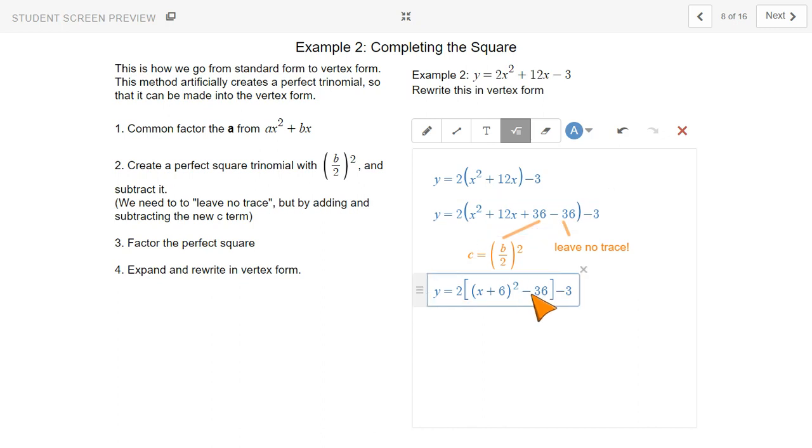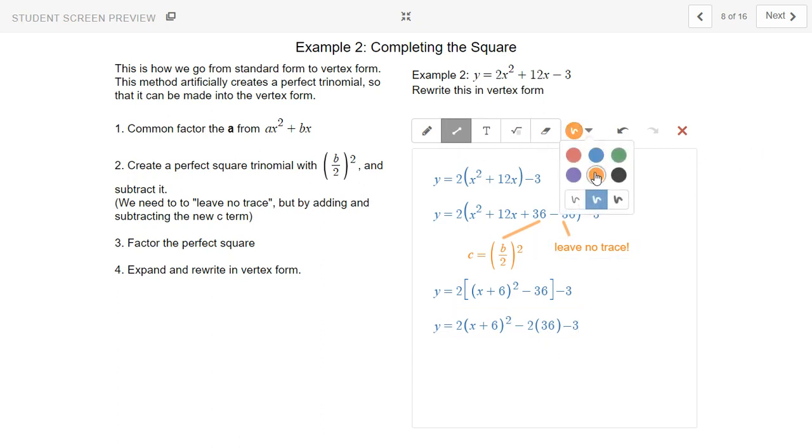So if I wanted to expand it and collect the like terms, I need to take the 2 and expand. So we have y is equal to 2 times x plus 6 squared minus 2 times 36 minus 3. So the 2, I've expanded the square bracket.